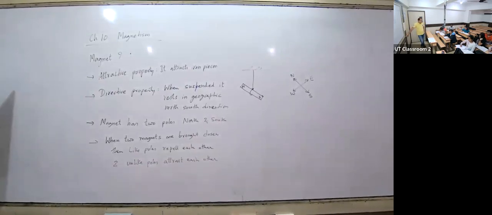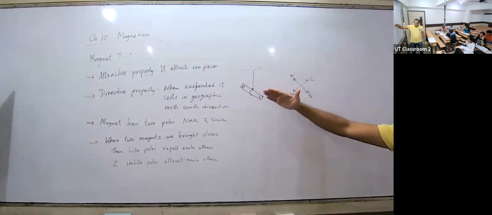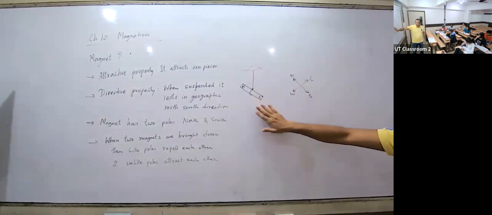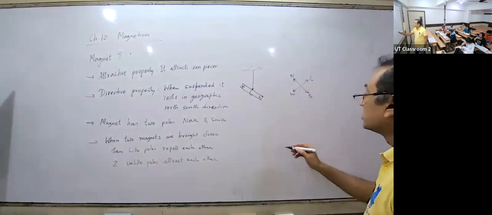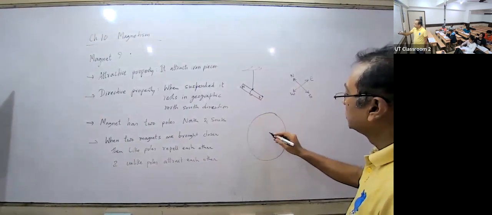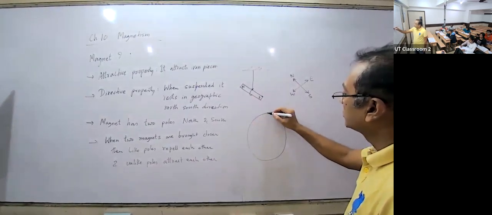Now question. Why does a magnet settle in north-south direction when it is suspended? Yes, because a magnet would always try to align itself in the magnetic field of another magnet. So what is this other magnet now? Earth. Now see, if this is Earth, it acts as a giant magnet.